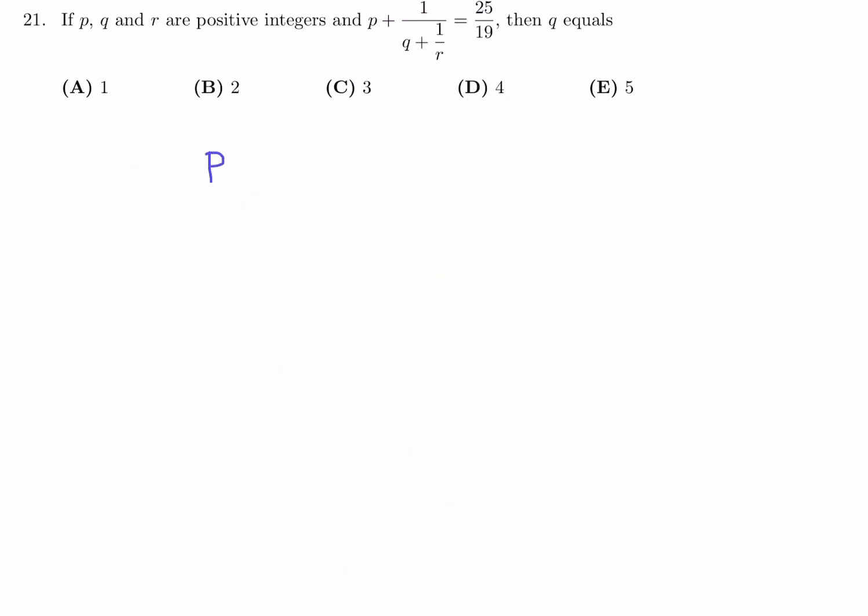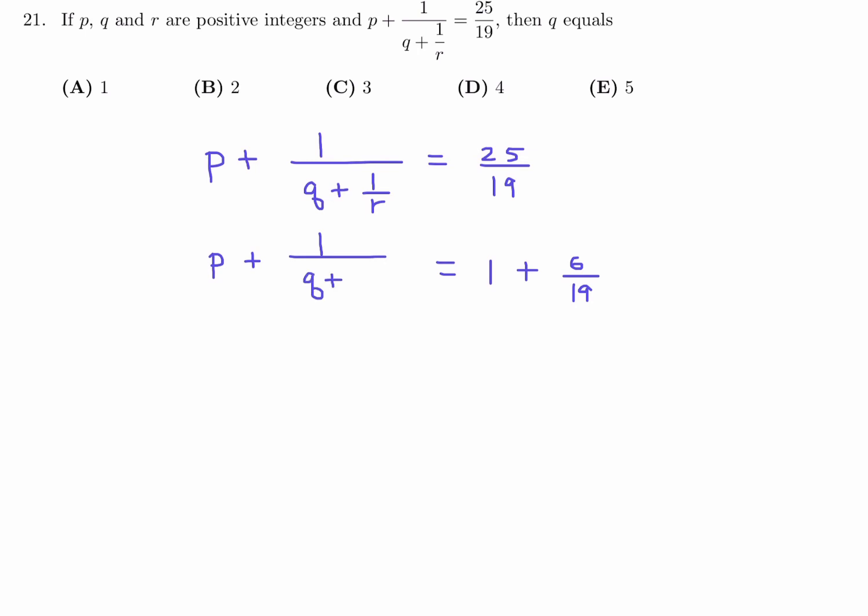So we've got our equation, right? p plus 1 over q plus 1 over r, and that's 25 over 19. Just as before, I'll break it up into 19 over 19 plus 6 over 19, so that becomes 1 plus 6 over 19, correct? Before we had set r equal to 1, and unfortunately we didn't get an integer value for q.